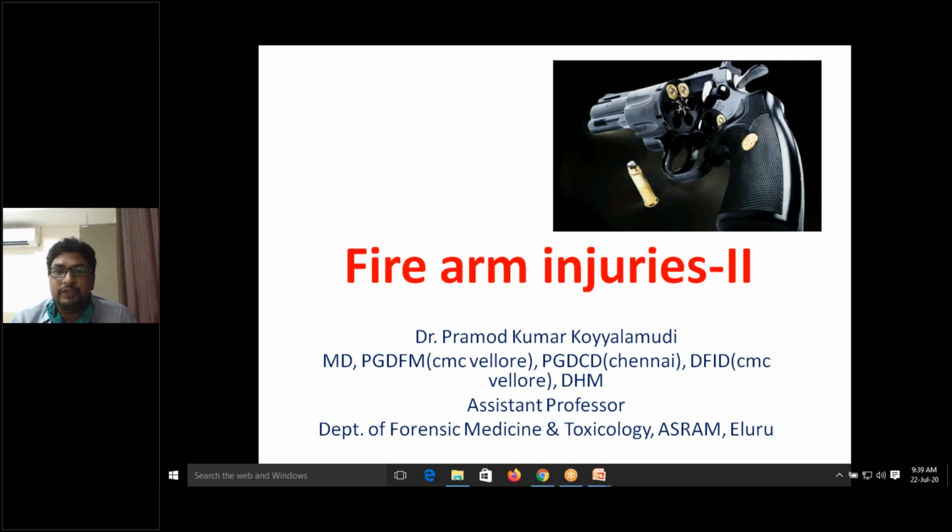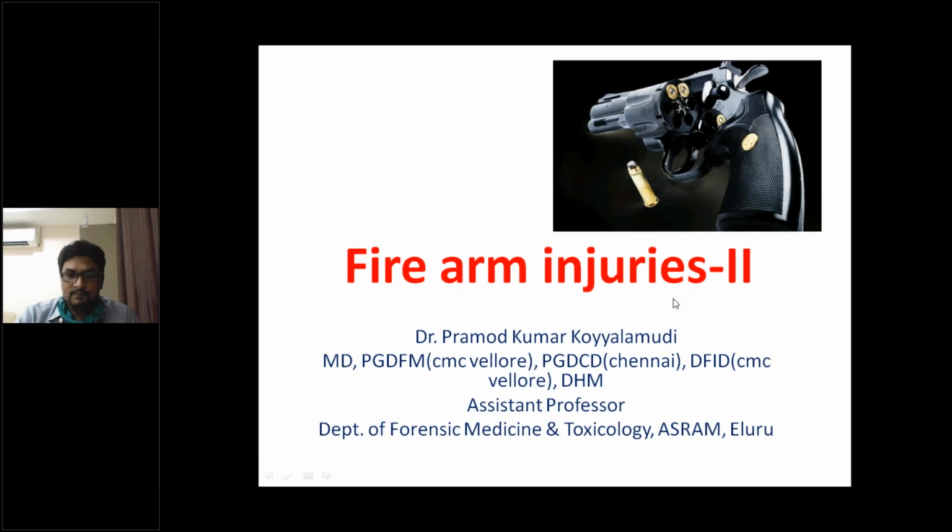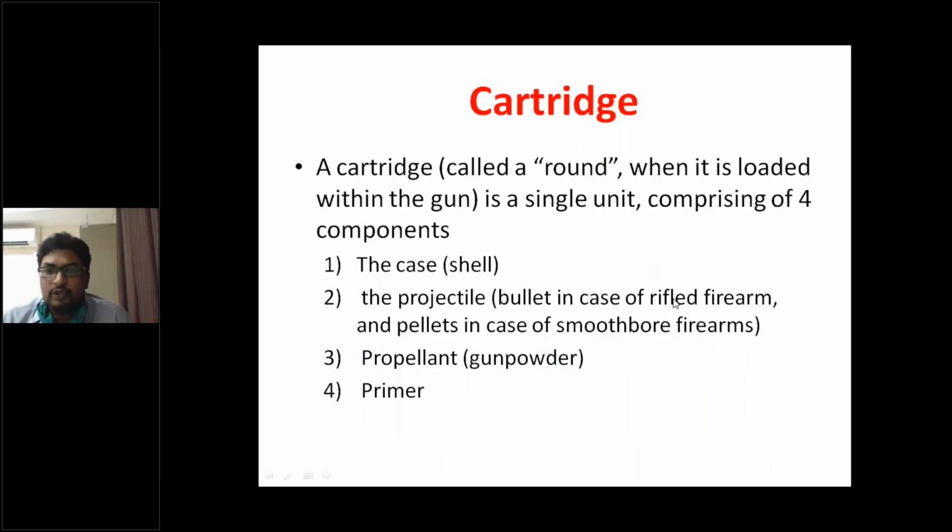So today we will look into the anatomy of the bullet and the anatomy of the cartridge, their composition, and the mechanism of how they act. What is the difference between a cartridge and a bullet?